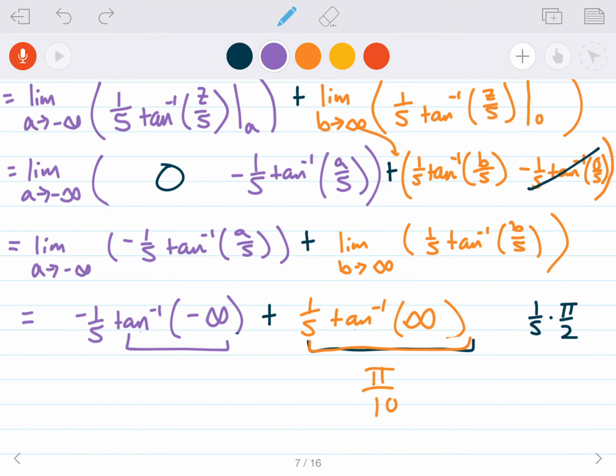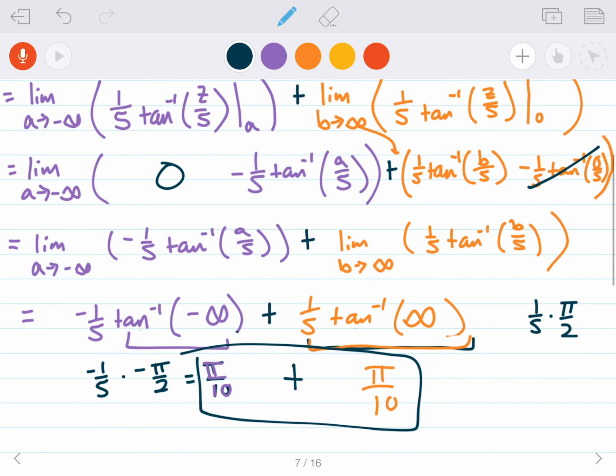So this guy is going to negative pi over 2. So we have negative a fifth times negative pi over 2 is going to give us a positive pi over 10. So that's what purple is. Purple is positive pi over 10. And I can't even speak. I'm so excited.